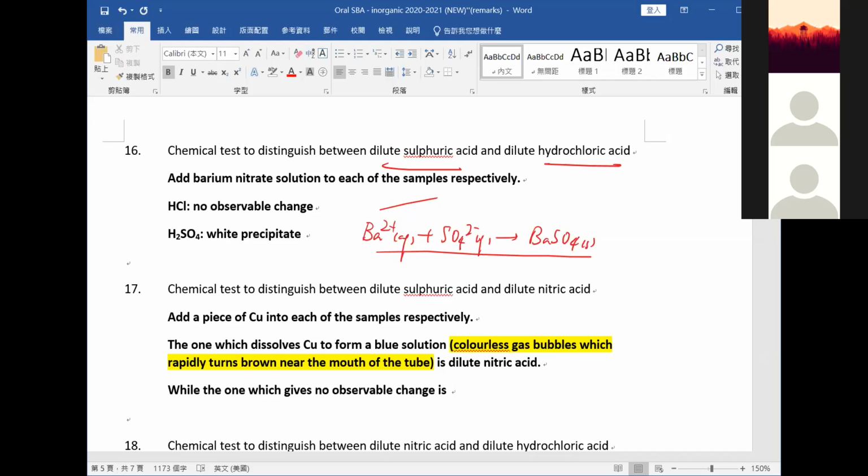It is dilute sulfuric acid, because it is not an oxidizing agent. It's just a typical acid. So copper, being placed in a very low position in the metal reactivity series, cannot react with dilute sulfuric acid. Okay, question 17. Questions about that?